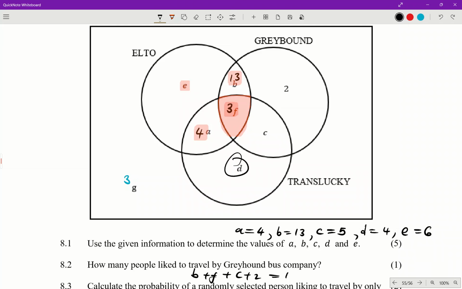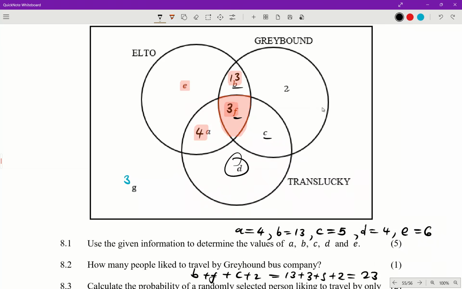So it is this part: B, F, C, and then 2. So your B is 13, F is 3, C is 5 here, and then plus 2. So 13 plus 3 plus 5 plus 2 is 23.